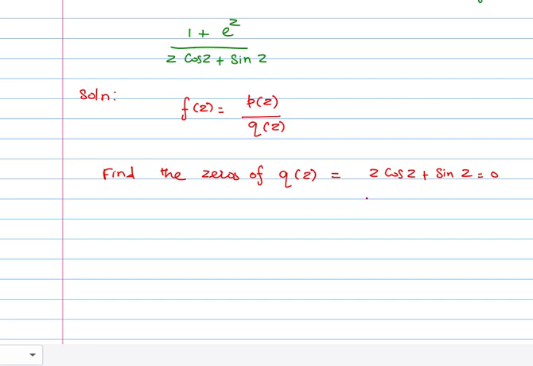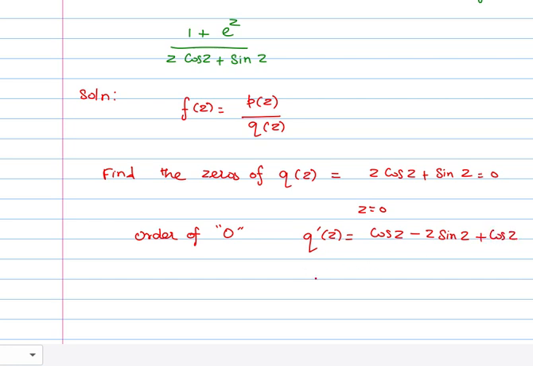So clearly z is equal to 0 is one of the zeros. Now I want to find the order of the zero. Suppose I take q prime of z, so what will come? cos z minus z times sin z plus cos z.